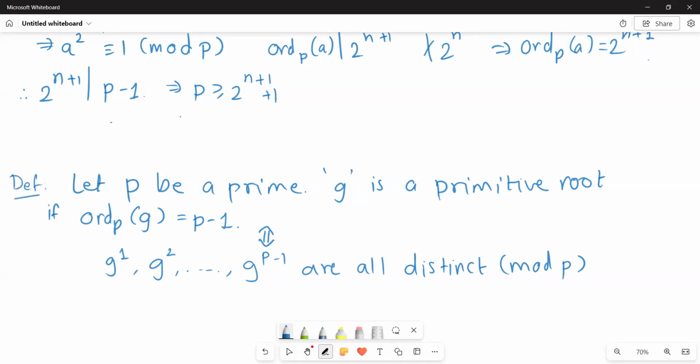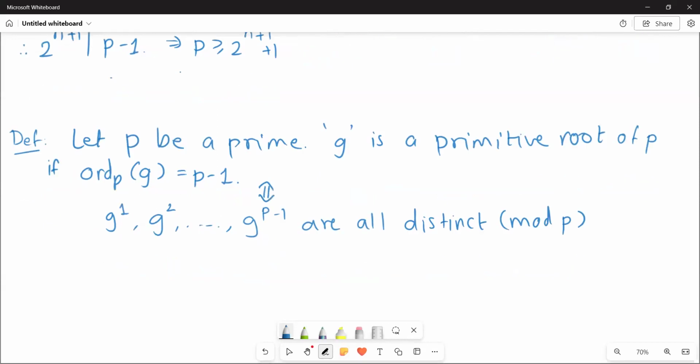Let P be a prime and G is a primitive root of P if the order with respect to P of G is P minus 1. In other words, all these quantities are distinct mod P. So a primitive root generates all the residues mod P, because all these P minus 1 quantities are distinct mod P and there are P minus 1 non-zero quantities mod P.